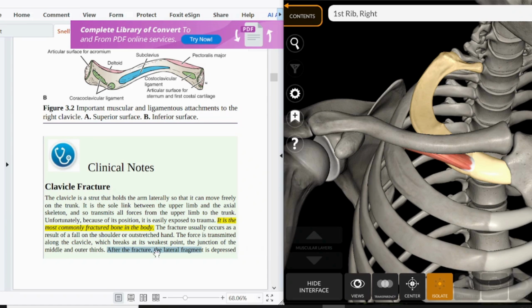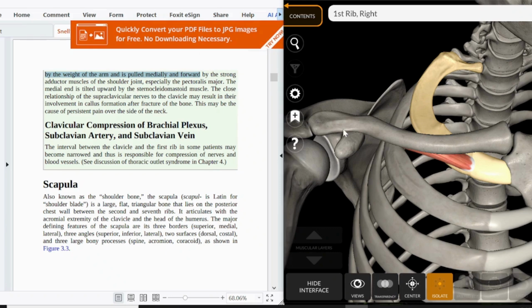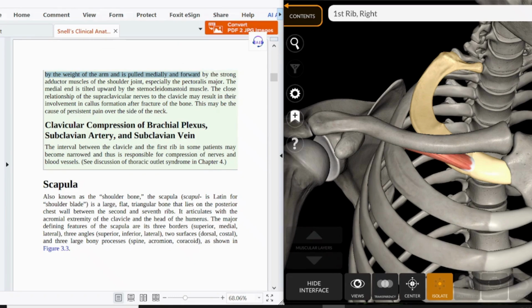After the fracture, the lateral fragment is depressed by the weight of the arm, and is pulled medially and forward by the strong adductor muscles of the shoulder joint, especially the pectoralis major muscle.